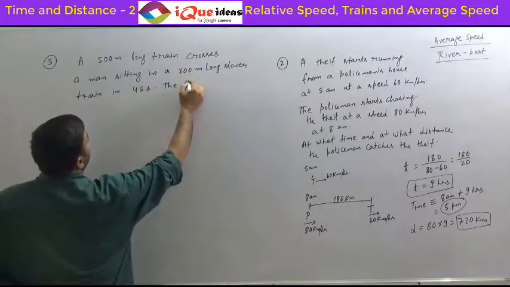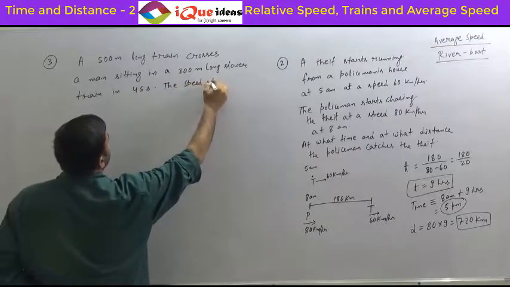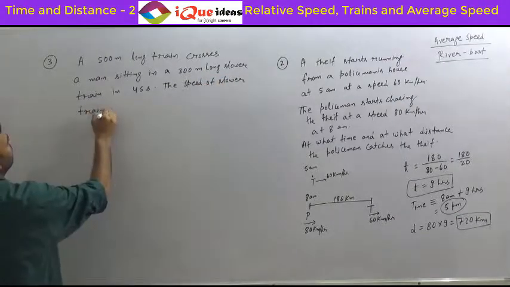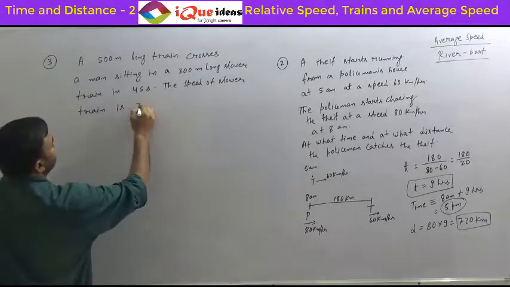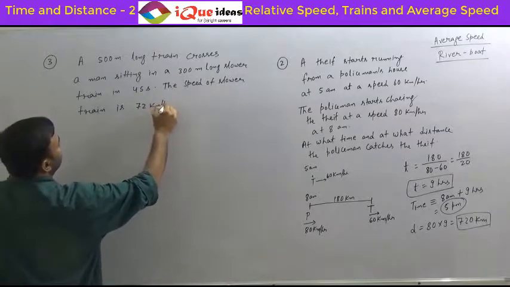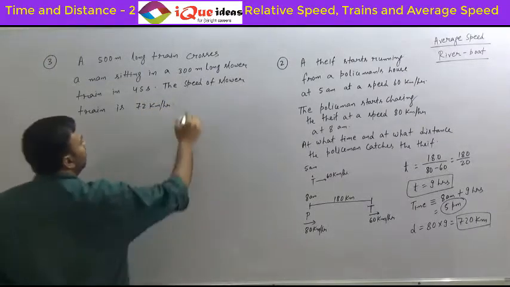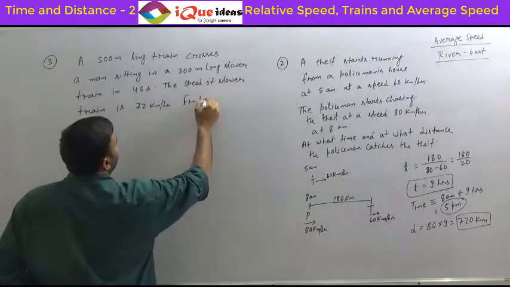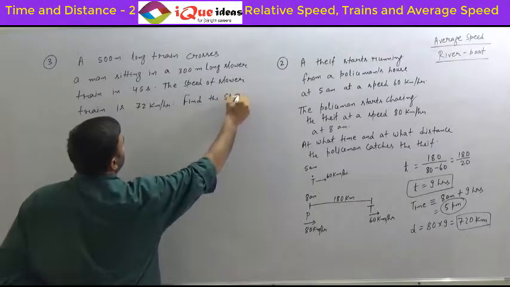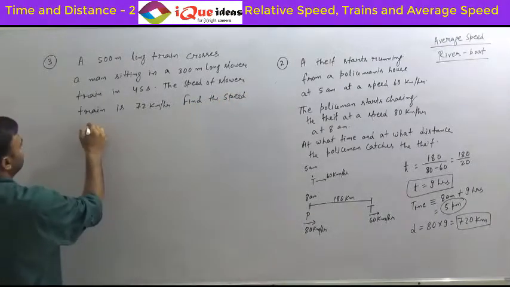The speed of the slower train is 72 kilometers per hour. Find the speed of the faster train.